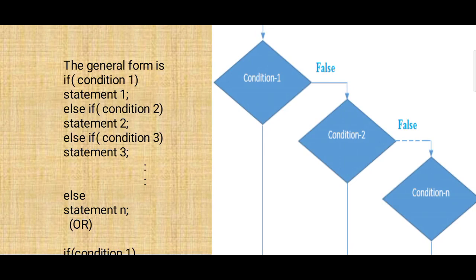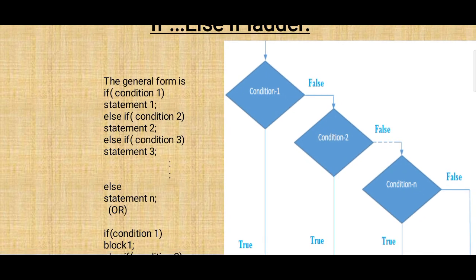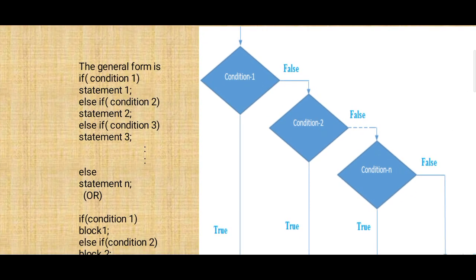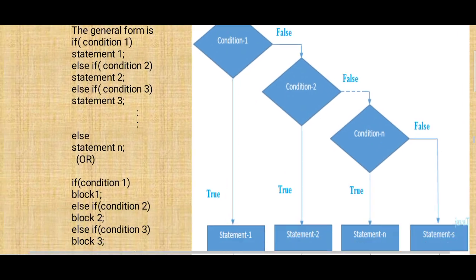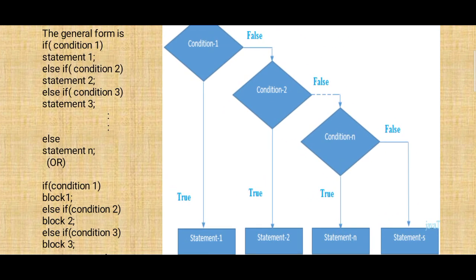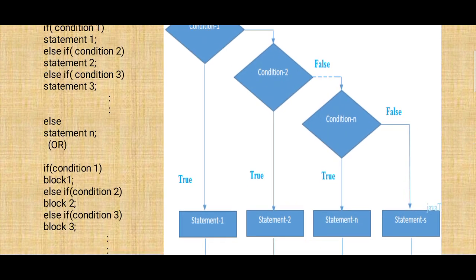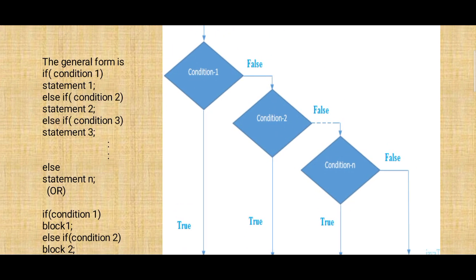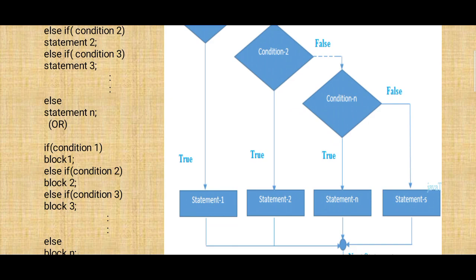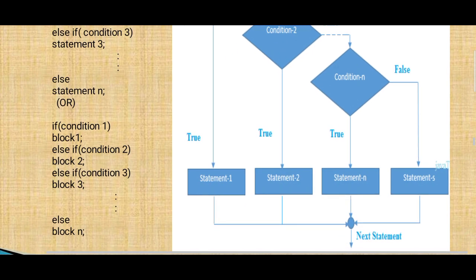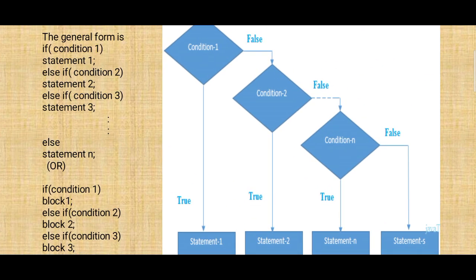Here in the flow chart: condition 1 statement 1, condition 2 statement 2, condition 3 statement 3. These are the true parts. If any condition fails, go to statement n.